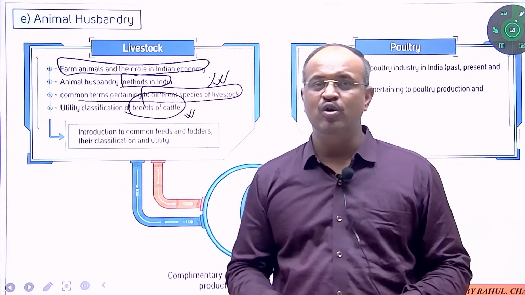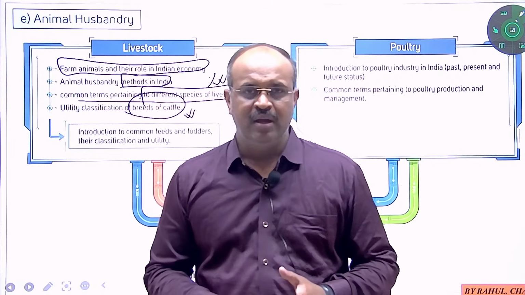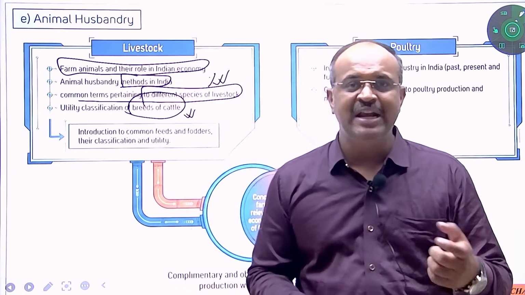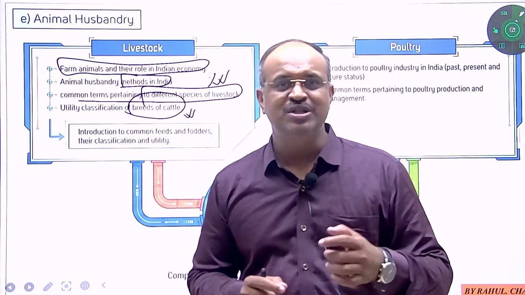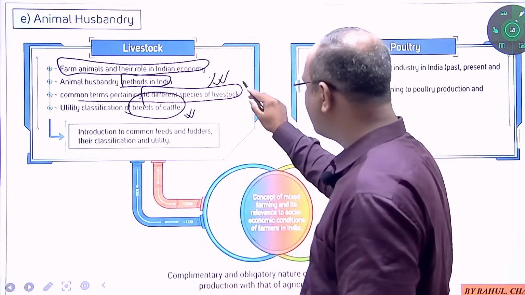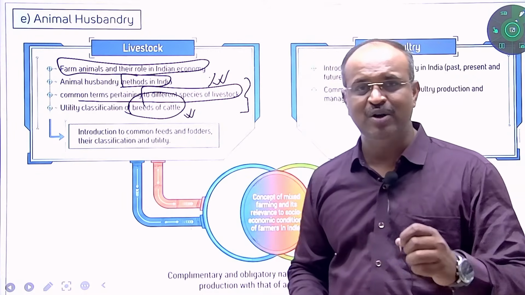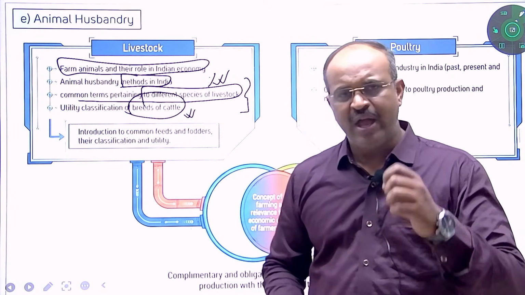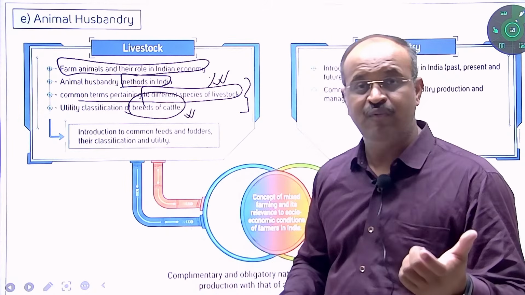So you will be getting the questions on the breeds, different types of breeds of the cattle. So from which area it belongs, some specific characteristics of that particular breed, the questions can be asked. So I will say these 2 points are very, very important when it comes to animal husbandry. So everything with respect to these points we have to focus on.